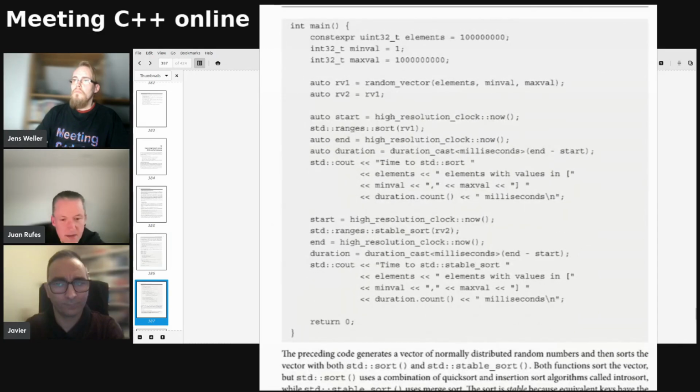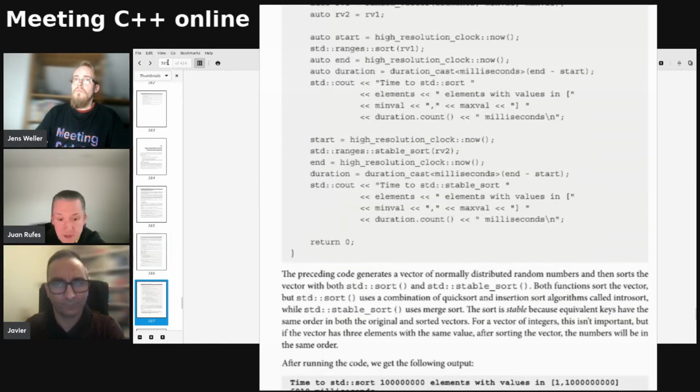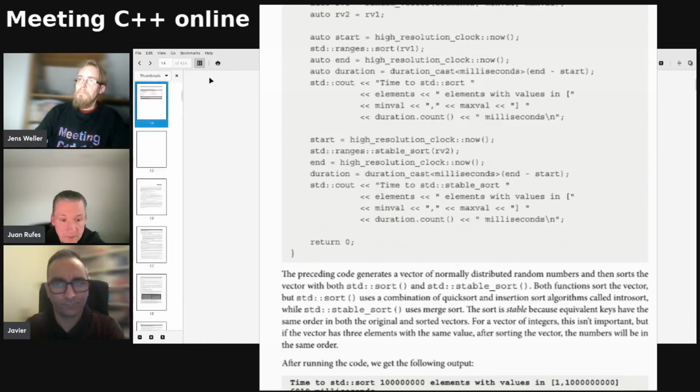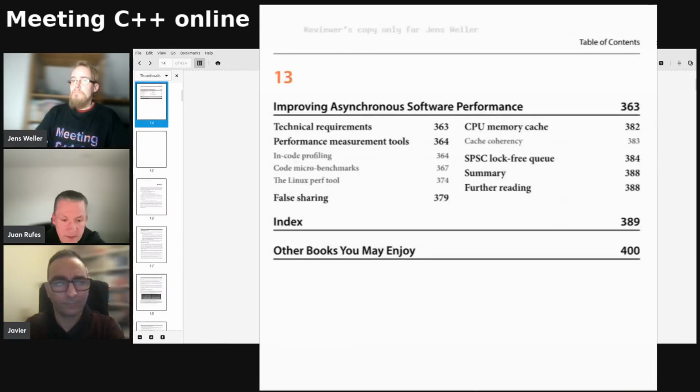And it's a little bit of an introduction to the perf tool in Linux, and some pointers to different resources. All right, I think that finishes the overview of the book, which is actually quite extensive, going into the topic of asynchronous programming, not just programming with C++.